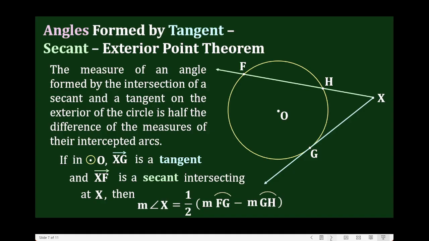For example, we have the measure of arc FG, which is 170 degrees, and the measure of arc GH is 80 degrees. To compute for the measure of angle X, using this formula, we have 170 minus 80, that is 90 degrees, and half of 90 degrees gives us 45 degrees.